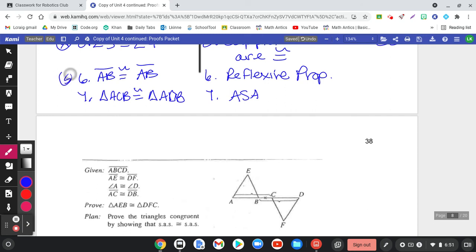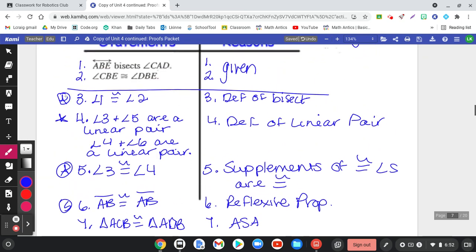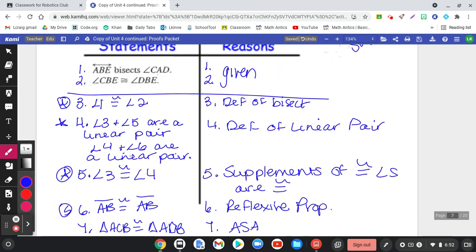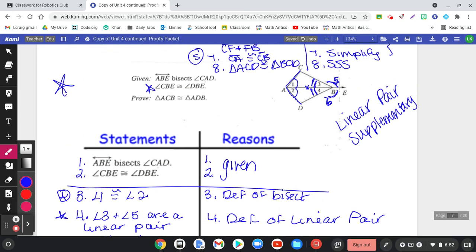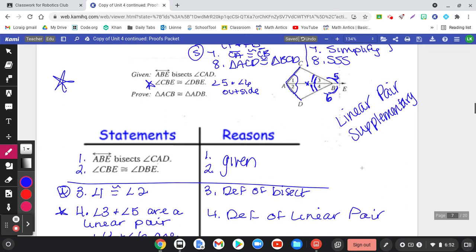And again, we're not going by what we see in the proof for what the reason is. Because here we have an angle, angle, side, but you want to look at the picture. It's angle, side, angle. And again, we couldn't use those first angles that were given to us that we ended up calling 5 and 6 because they were outside of the triangles. So you had to get inside of the triangles by dealing with the linear pair and then go from there.